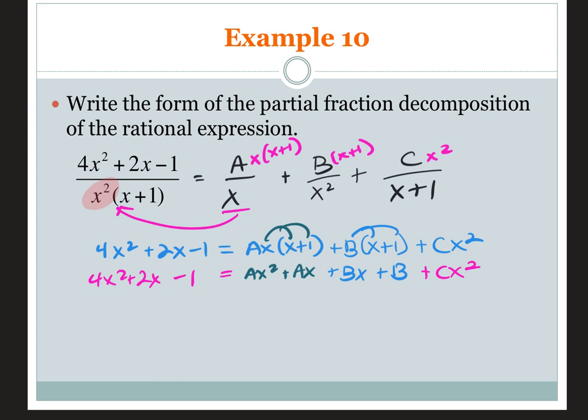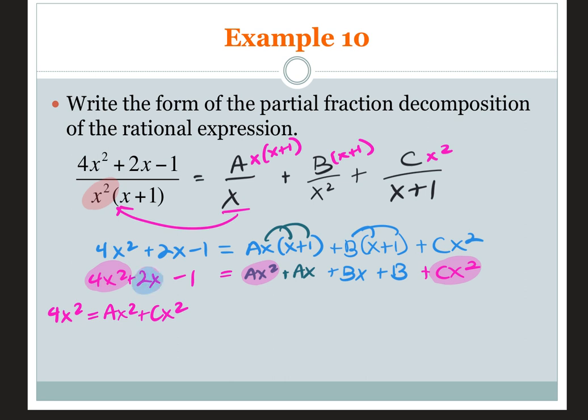Now I'm going to group together every squared, every x to the first, and every constant. So the squareds are 4x squared on that side, and then ax squared and cx squared. I'm going to group those together, so 4x squared should equal ax squared plus cx squared. Then I'm going to do the same with x to the first.